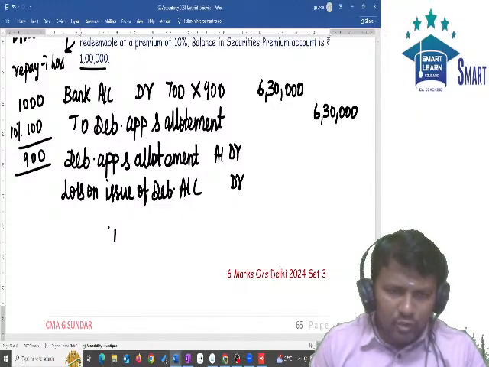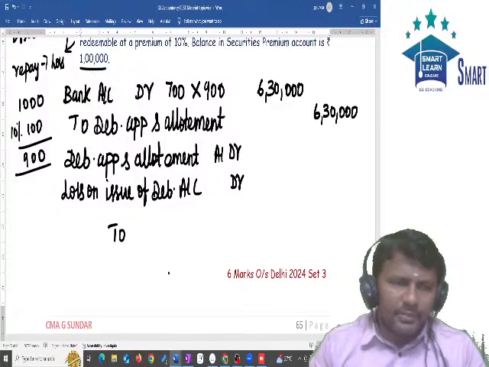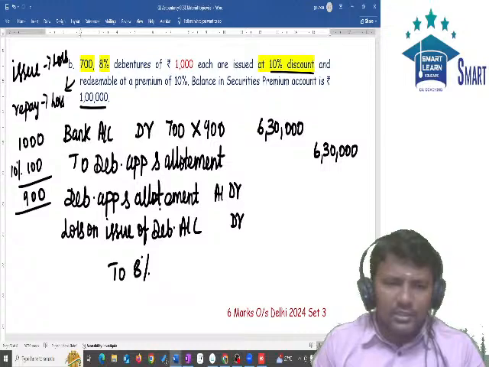Also, credit should be given to the debenture. What is the rate of interest? 8% debenture.